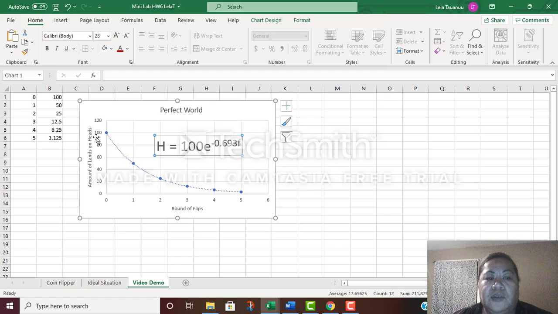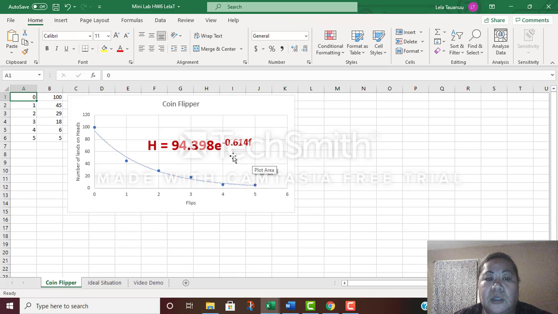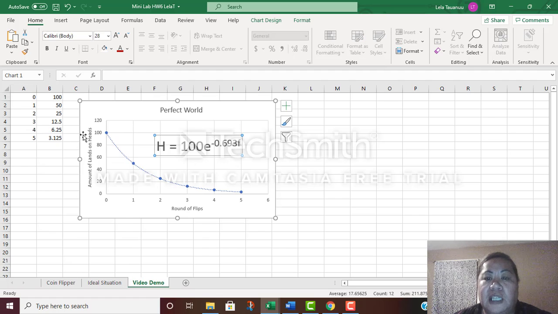So give or take a few coins. Also, the exponential number here is about the same as the coin flipper. So it looks like the starting value on the coin flipper actually is a little bit lower than what we started, but it looks like by round 4 they pretty much catch up to each other.